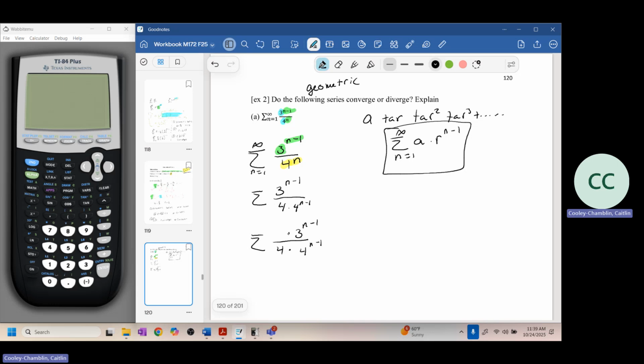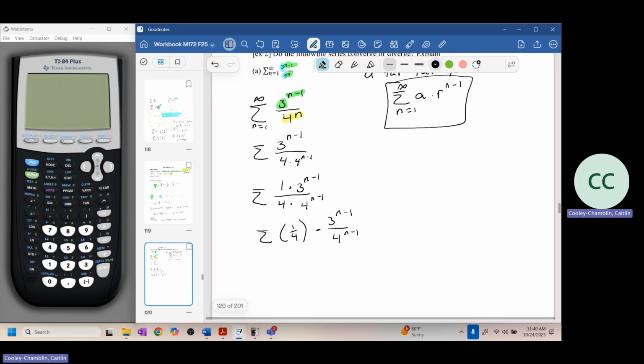Actually, I'm going to do times 1 on top, because that's fine. You don't have to do the times 1. It just looked a little off place when I put it off to the side, which is really 1/4 times 3 to the n minus 1 over 4 to the n minus 1. Guys, you do not have to show all these steps.